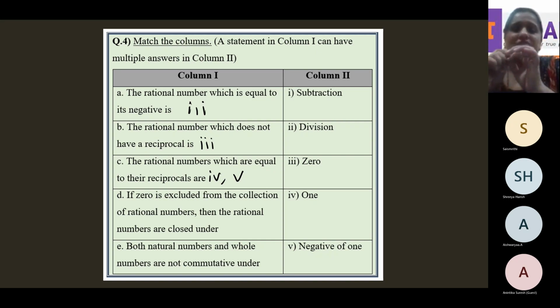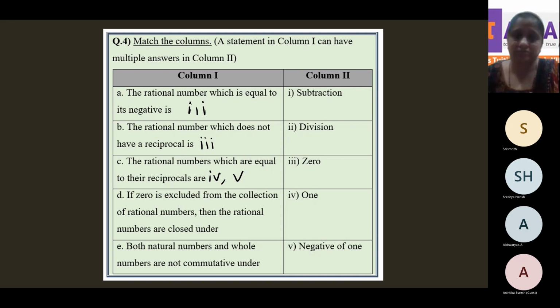Closed means this. If A and B are rational numbers, A plus B is also rational. A minus B is also rational. A into B is rational. A by B is rational if we don't include 0.